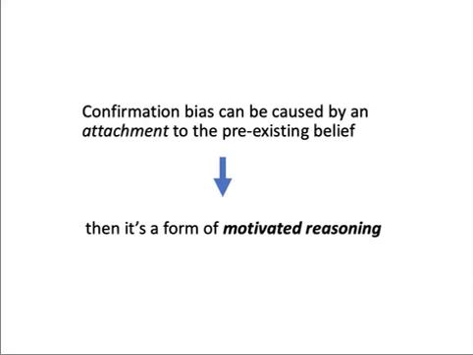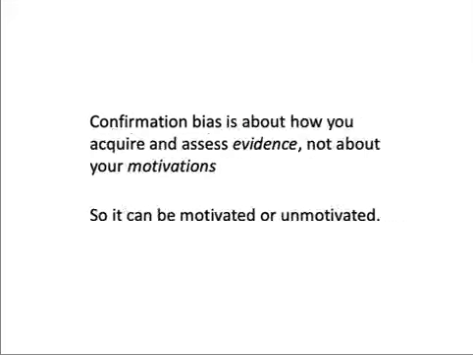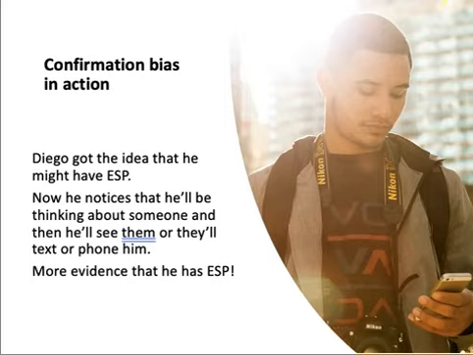so you might have a pre-existing belief that you really, really want to be true. You have a certain attachment to it. So imagine you're Diego, or you're like Diego, and you think it would be really, really cool if you had the special ESP abilities. Okay, you really want it to be true that you are special and have superpowers.